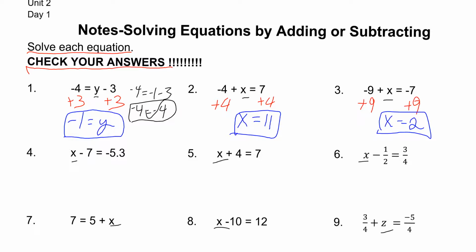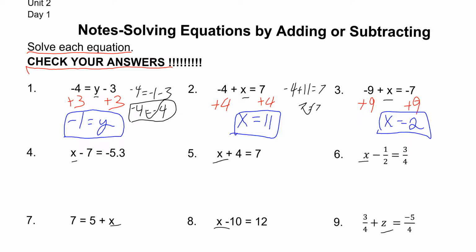Same thing here. Negative 4 plus 11. We're trying to make sure that equals 7. Negative 4 plus 11 is in fact 7. Now, at some point, this is going to seem like it's getting trivial, but whenever we get into two-step and multi-step equations and stuff, you'll be happy that you're in the habit of checking your answers.